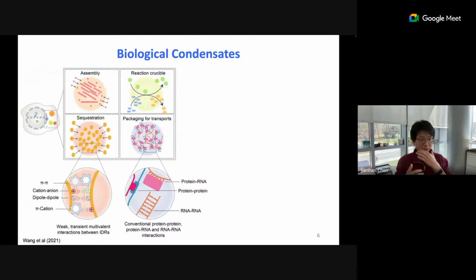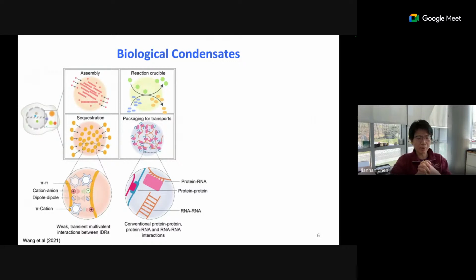People now discover that this is a really prevalent phenomenon in biology, appears to play important roles in many different biological processes, and has been implicated in different kinds of human diseases and disorders. So there has been really strong interest in the biology field to study this phenomenon.